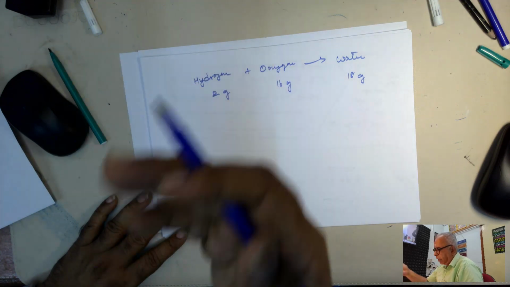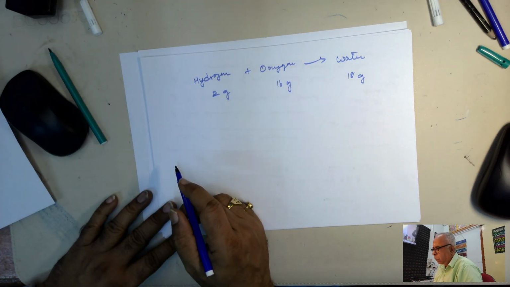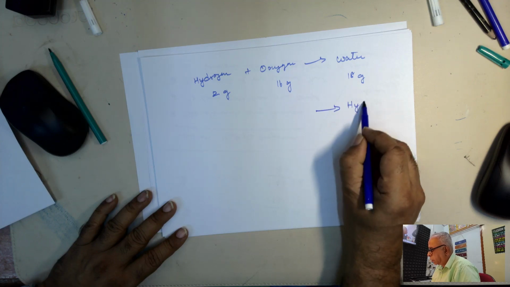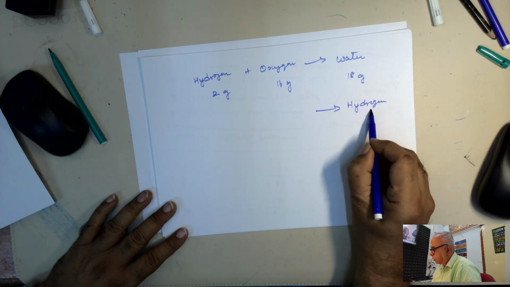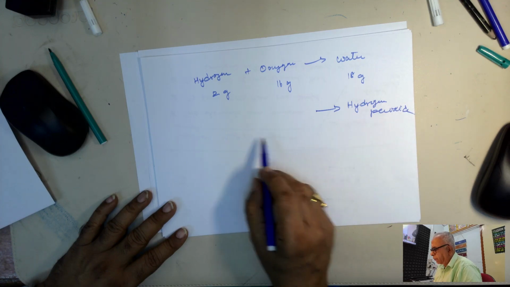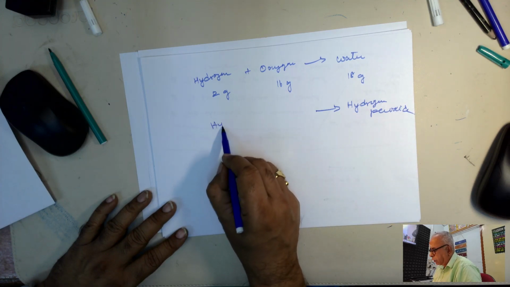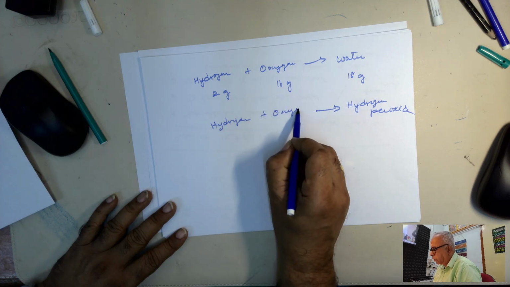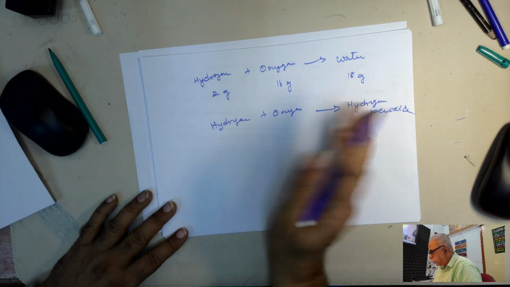Now I'm taking another compound. What is that compound? Hydrogen peroxide. So here the same hydrogen and the oxygen, okay? But the ratios are different.